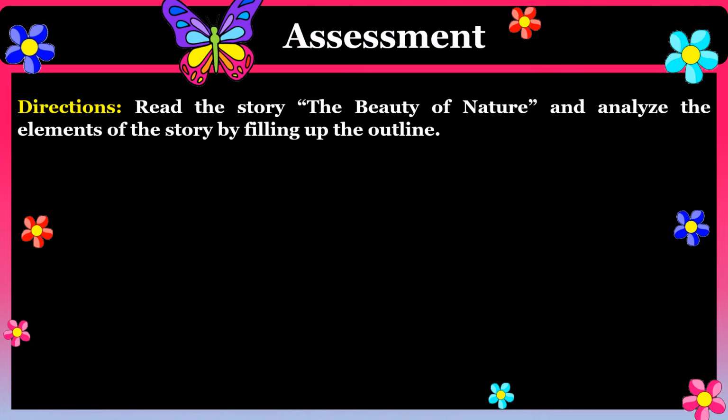So this is what you're going to do for your assessment. Read the story, The Beauty of Nature, and analyze the elements of the story by filling up the outline.